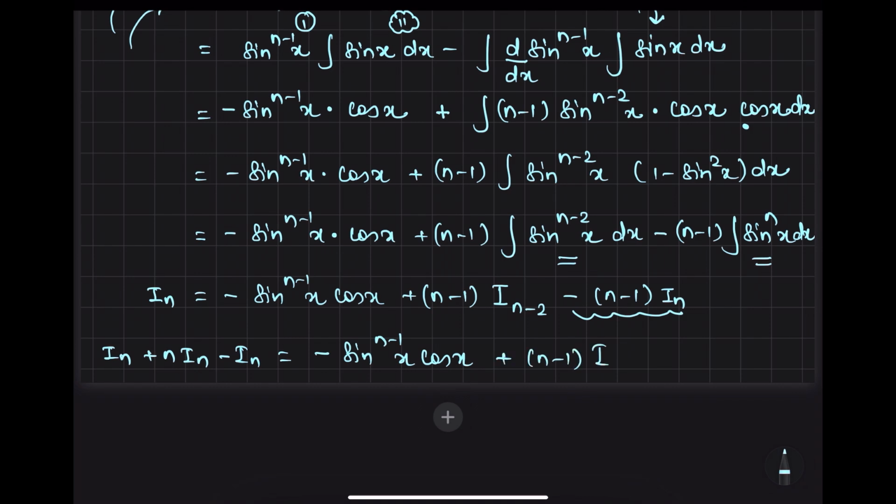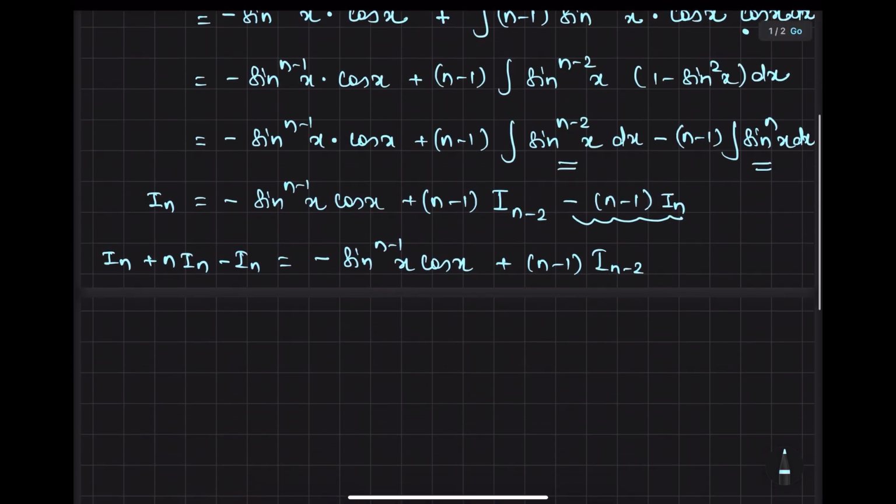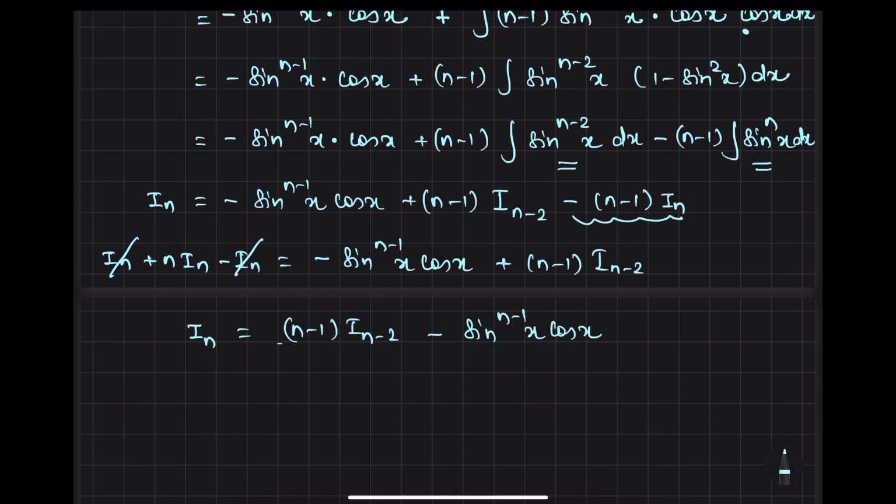Now you know we need to find the formula for I n. So we have to divide both sides by n. So I n equals n minus 1 upon n times I n minus 2, minus sine n minus 1 x cos x upon n. So this is the formula.